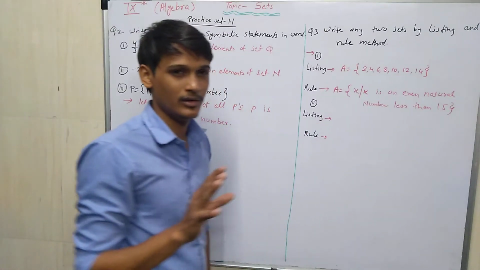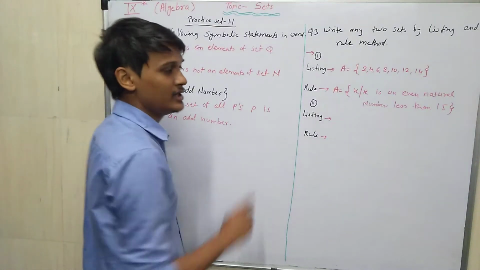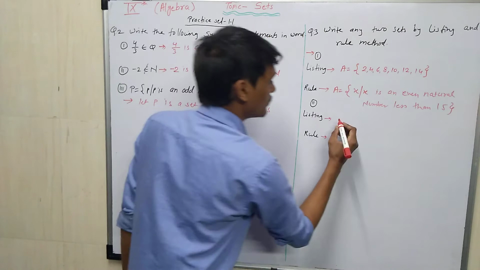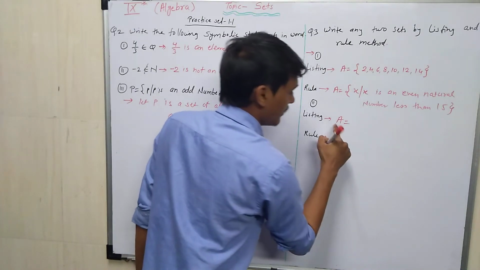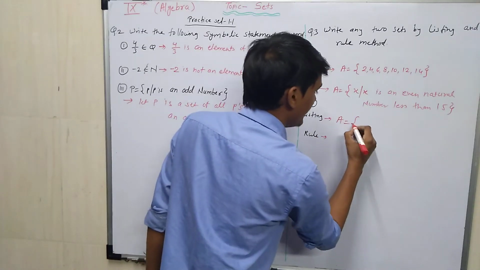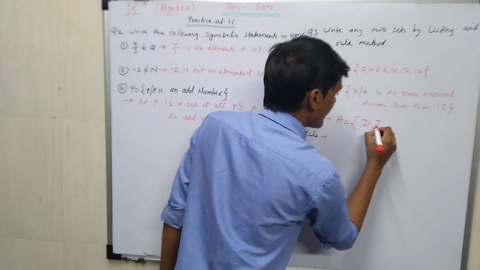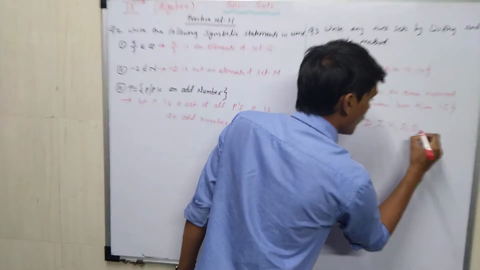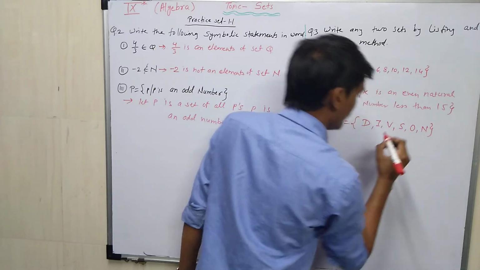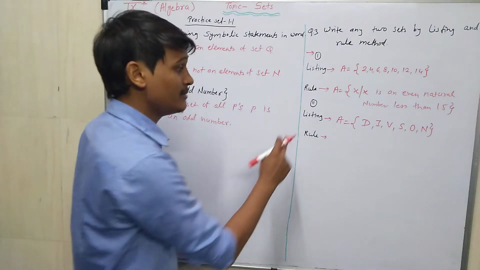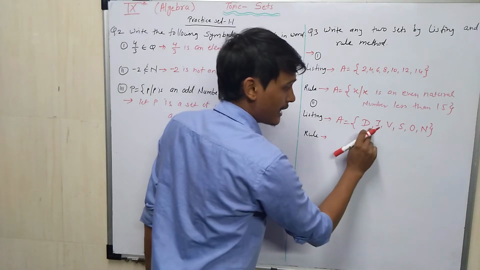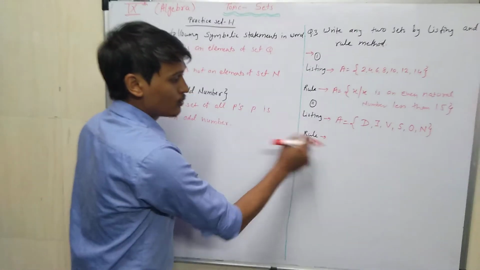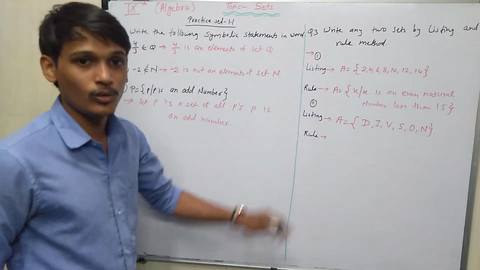Only two examples. One is over, and the second is A is equal to, A is a set. A is equal to {D, I, V, S, O, N}. The listing method has commas. Clear? How to convert it into rule method?